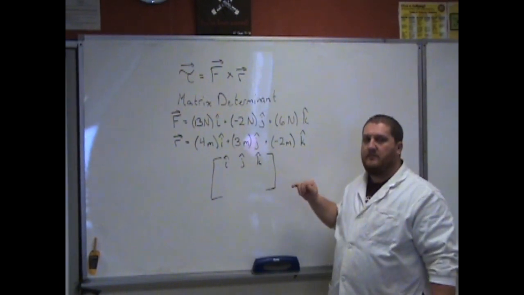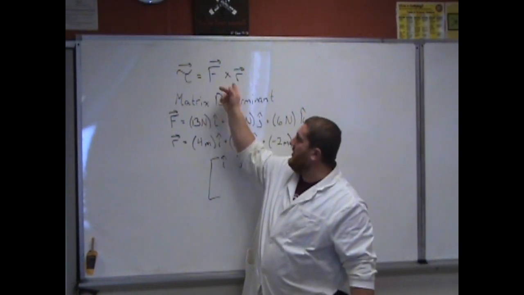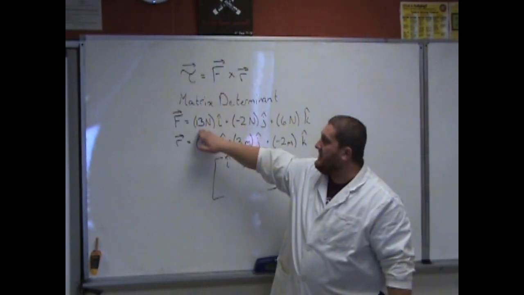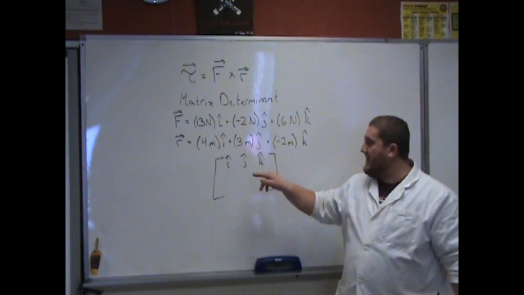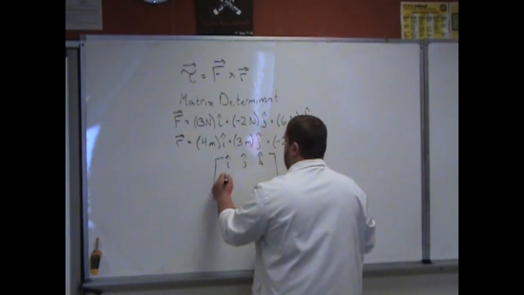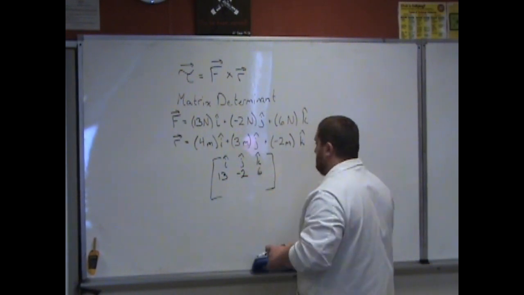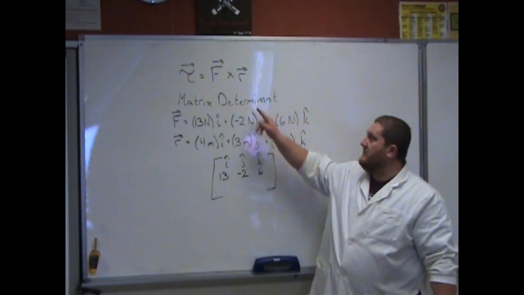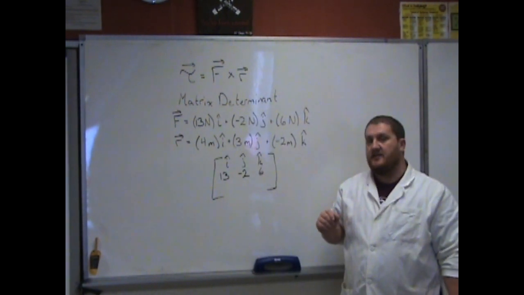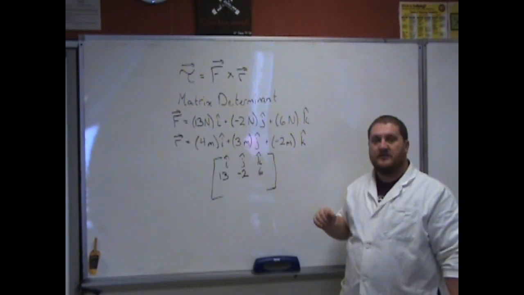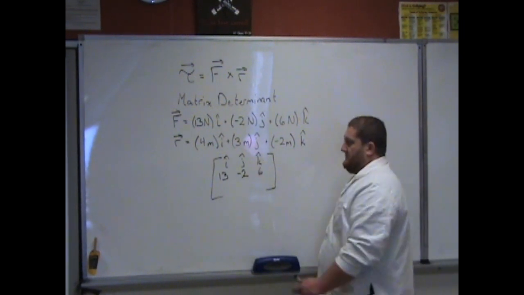The second row in my matrix will be the one listed first in the equation. So I need to plug in the values that match up with each of these unit vectors. And the bottom row of my matrix will be the one that is listed second in my equation. I fill in the values for position in the matrix.